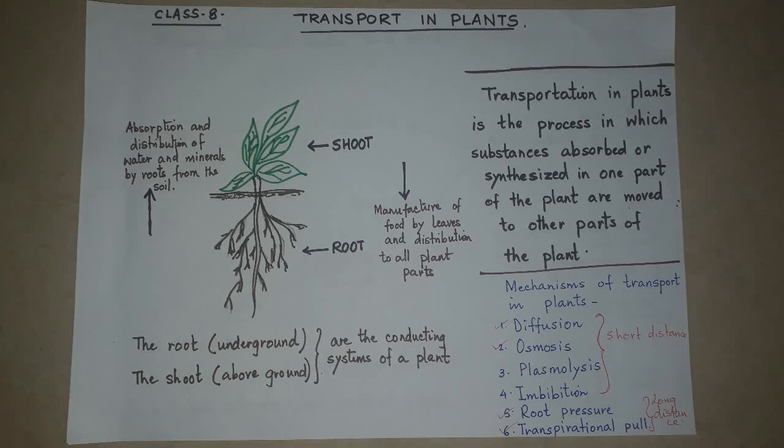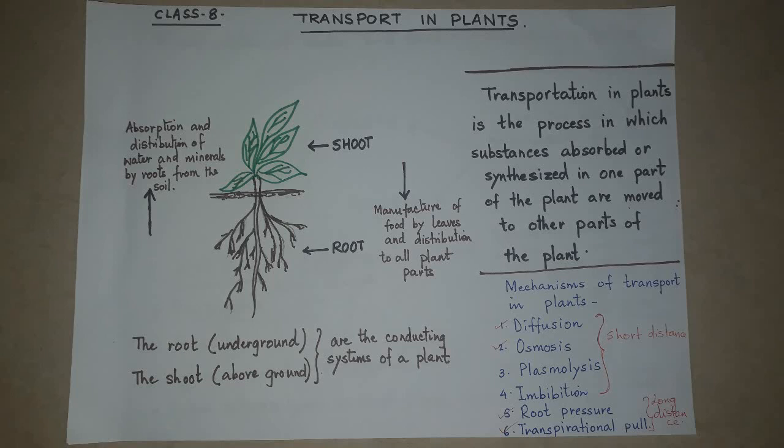But when it is for a long distance, how come a long distance? Suppose you take a very, very tall tree. The roots absorb water and mineral nutrients, and they have to reach the apex or the tip of the tree, and it may be a few hundred meters.